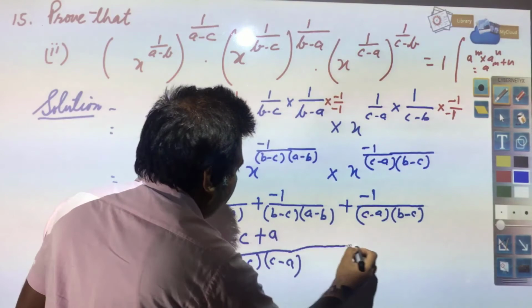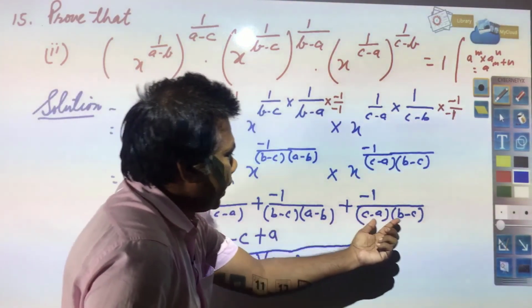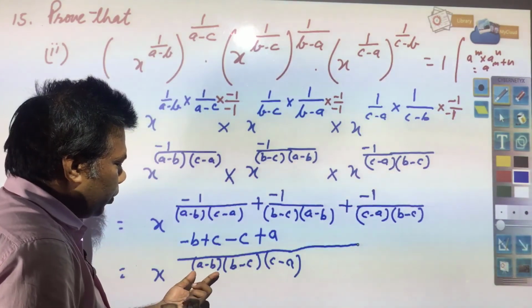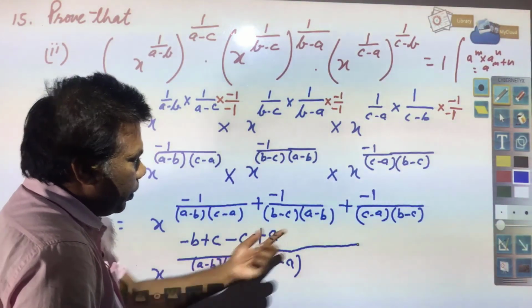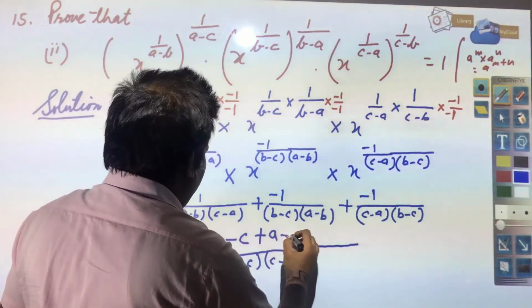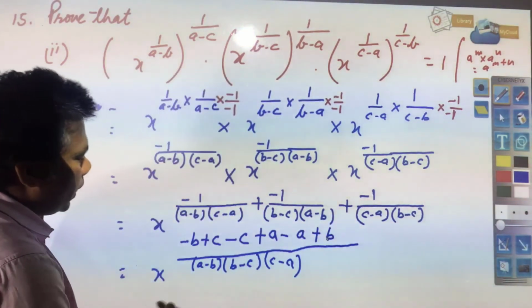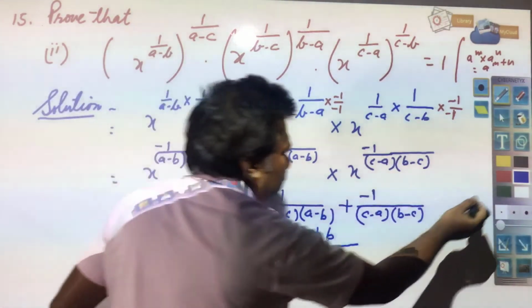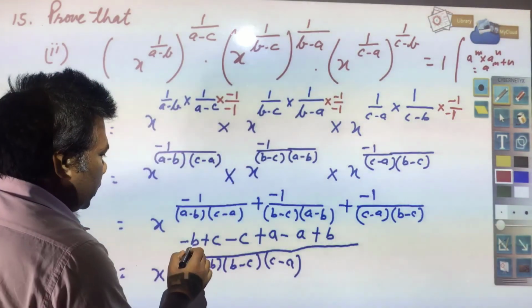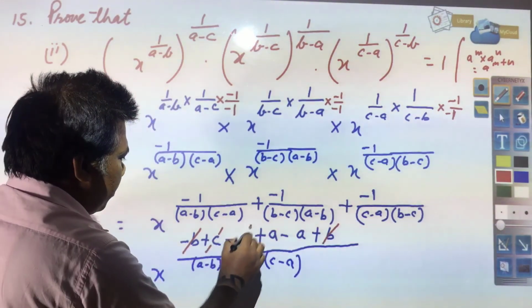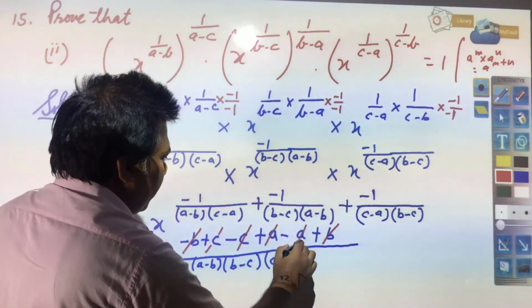Then you will have, here you see, c minus a and b minus c, you will be left with a minus b. A minus b into minus 1 will become minus a and plus b. Now, whichever will be cancelled, you cancel: minus b and plus b, plus c minus c, plus a minus a.